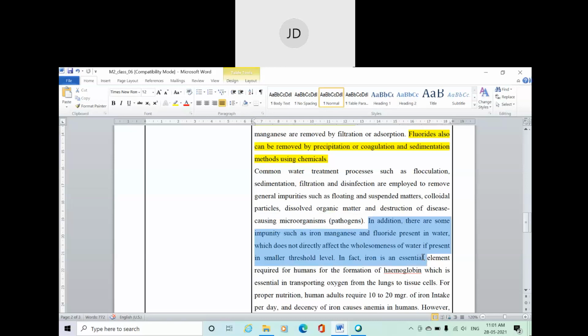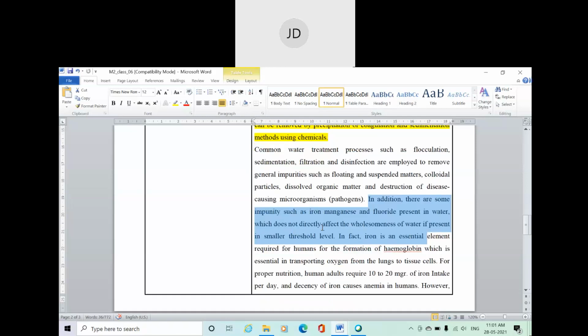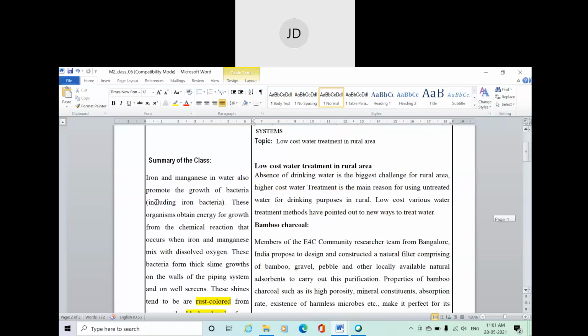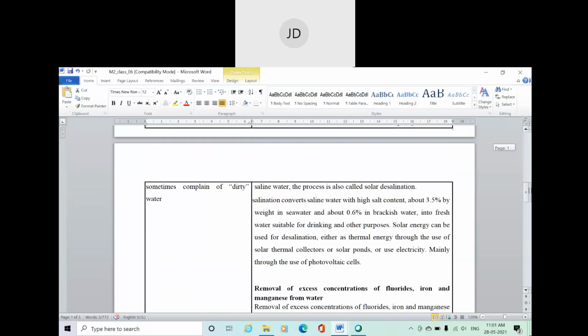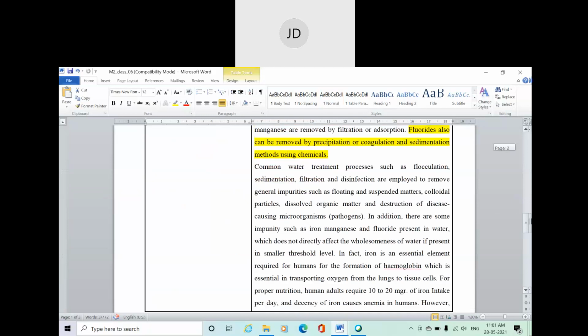In addition, there are some impurities such as iron, manganese, or fluoride present in water, which do not directly affect the quality of water if present in smaller quantity. As I already told you, the presence of iron and manganese does not affect the quality of water, but it depends on how much fluoride, manganese or iron is present in water.